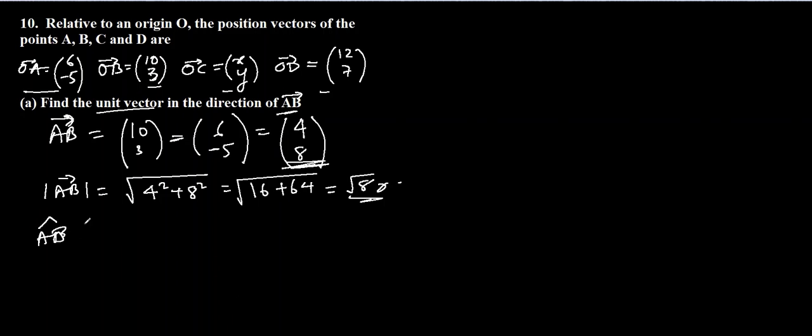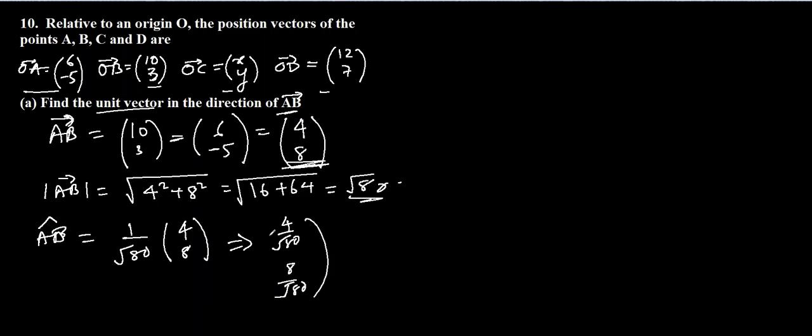So it will be 1 over square root 80, times the vector itself. If you want to expand this, that is also possible. So it will be 4 over square root 80, 8 over square root 80. And if we further simplify that, square root 80 is 4 square root 5.